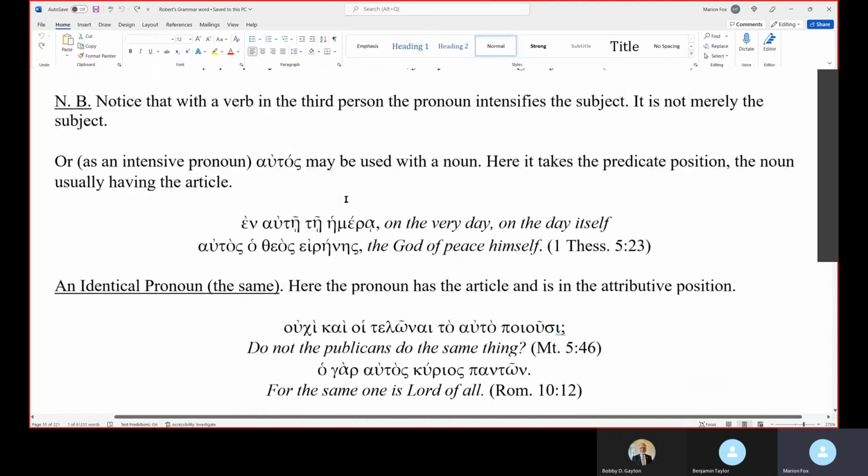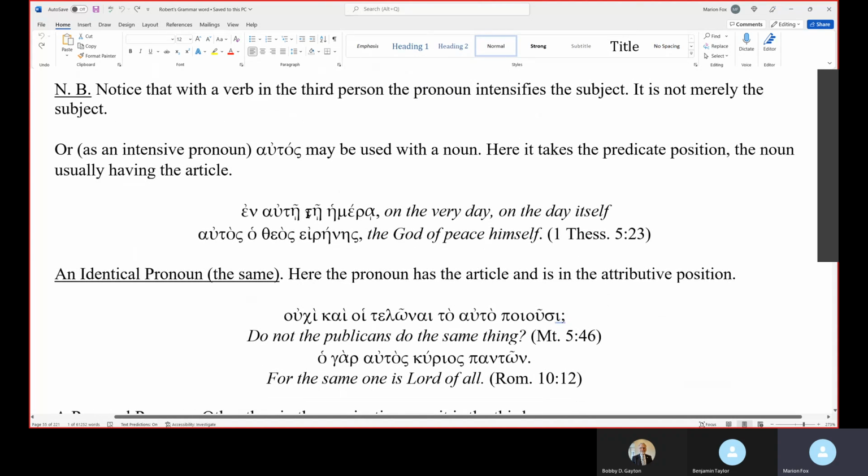Okay, let's go back over here now. En aute te hemera, on the very day or on the day itself. Okay, on the very day. All right, so that intensifies. The word very makes it intensive. So it's used as an intensive pronoun.